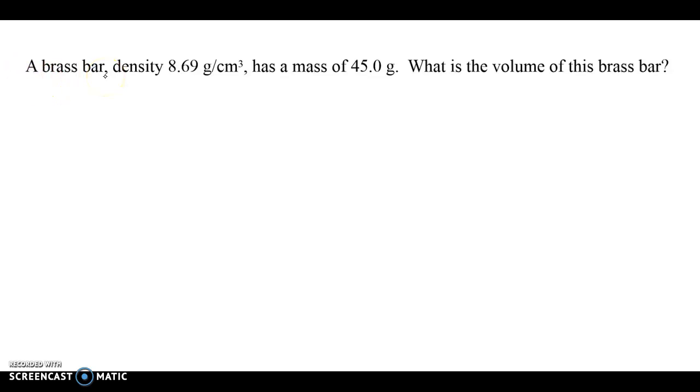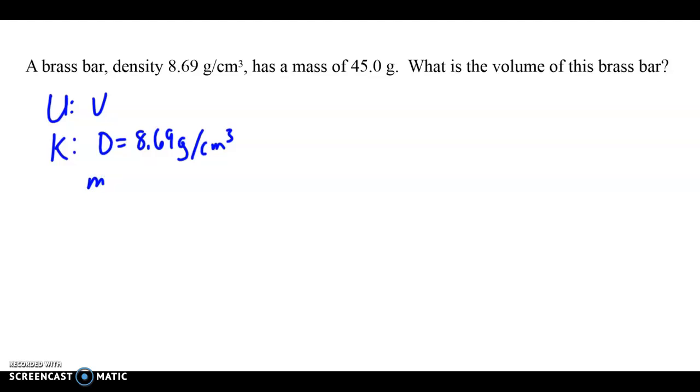Here's a second problem. We got a brass bar with a density of 8.69 grams per centimeter cubed, has a mass of 45 grams. What is the volume of the brass bar? So unknown, we want volume. Knowns, density equals 8.69 grams per centimeter cubed.